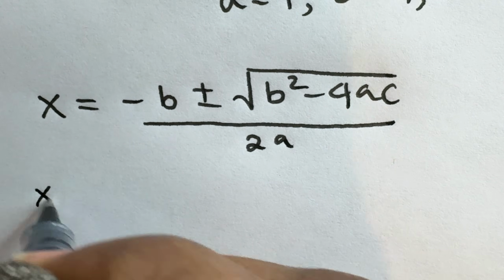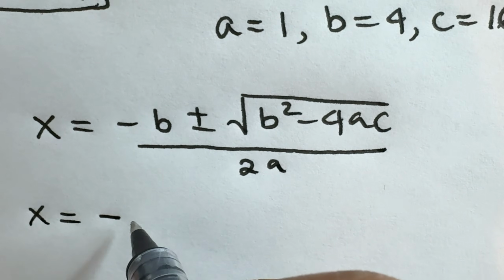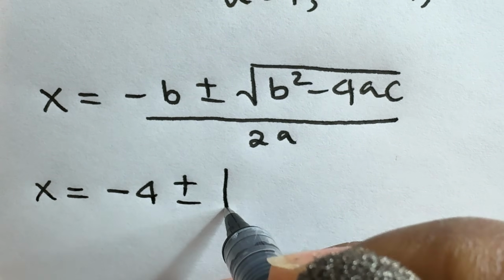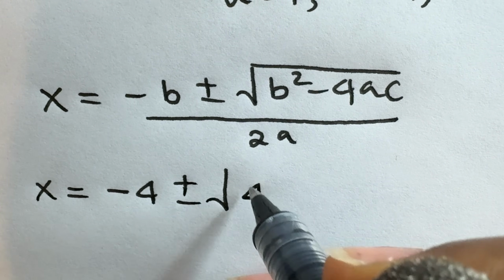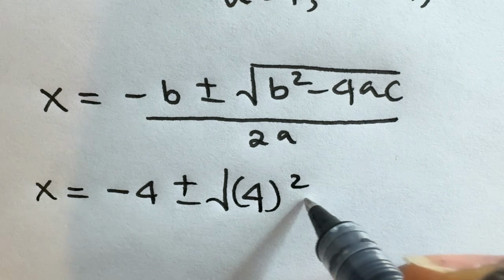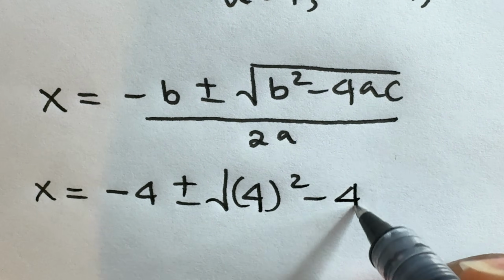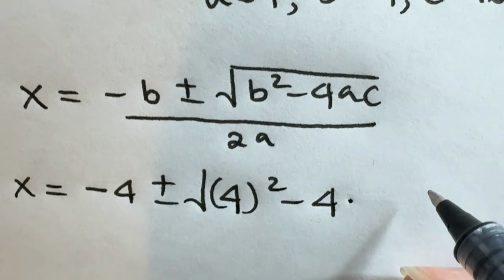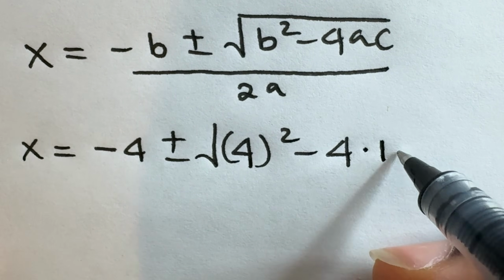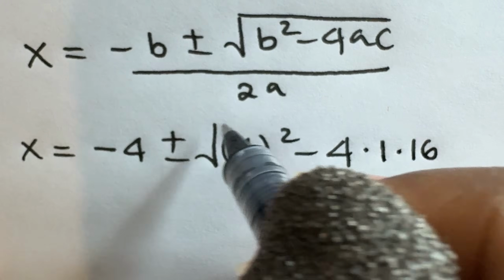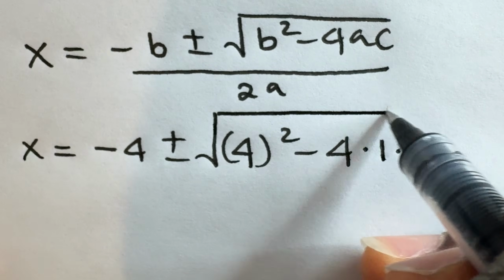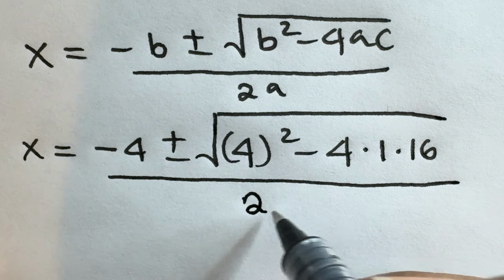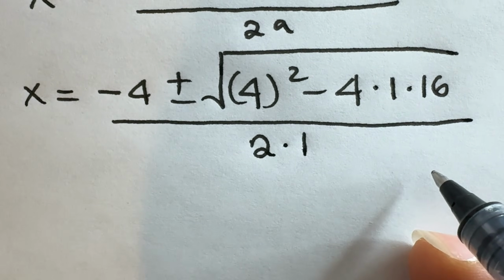So x is going to be minus b is 4, so we say minus 4 plus or minus square root of 4 squared minus 4 times a is 1 and c is 16. So we say 4 times 1 times 16, square root of that, then divided by 2 times a is 1. Let's tidy this up.